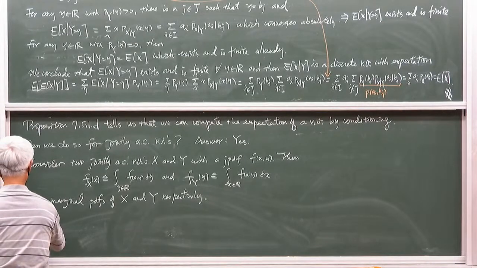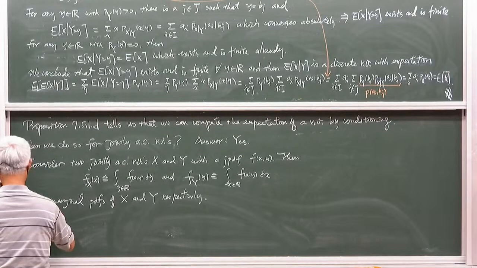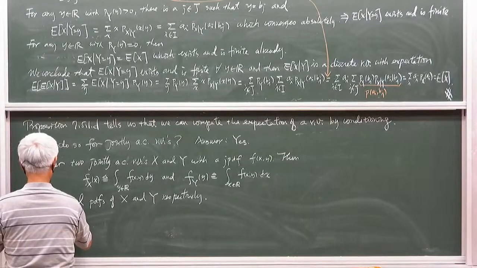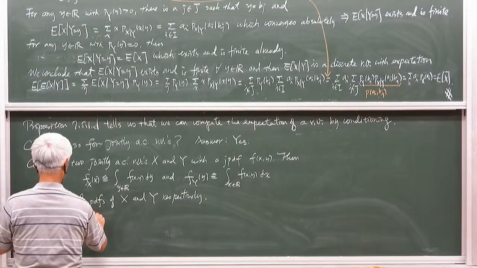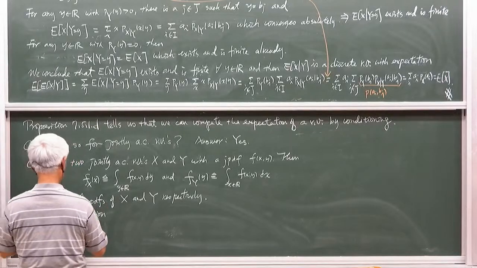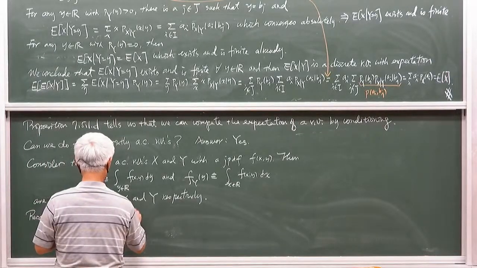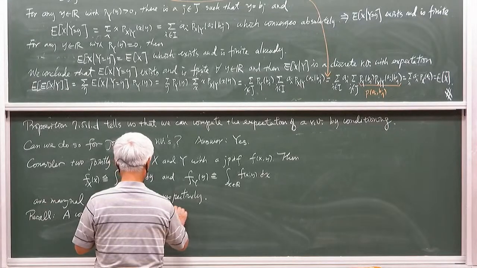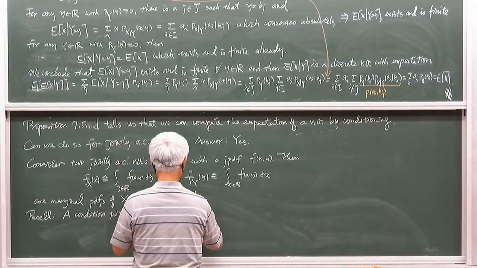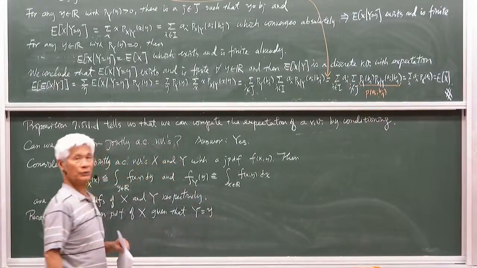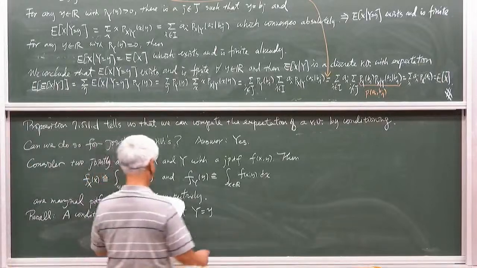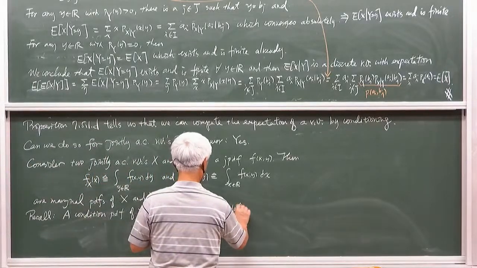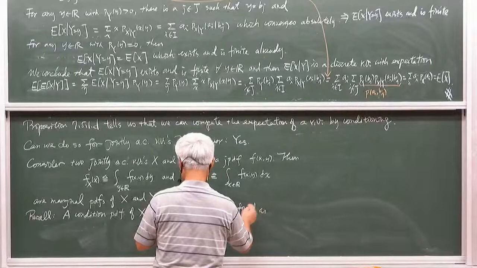Recall that in chapter 6, we defined the conditional PDF of random variable X given that random variable Y is equal to a specific value little y as here.